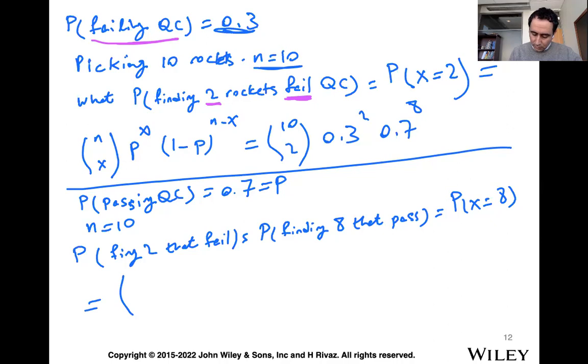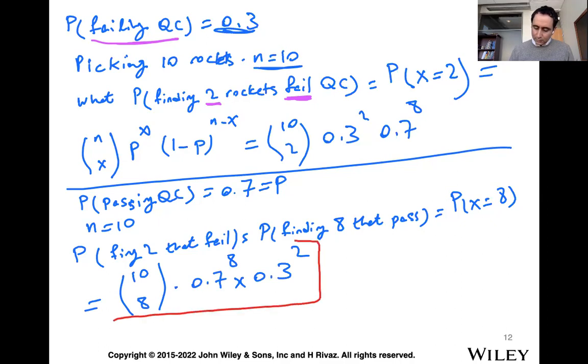So that's going to be 10 choose 8 times probability of success, which is 0.7 to the power 8, times probability of 1 minus success, which is 0.3 to the power 2, right? I leave these as an exercise at home.